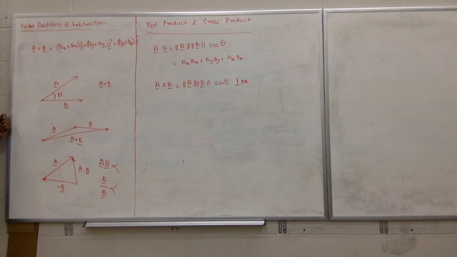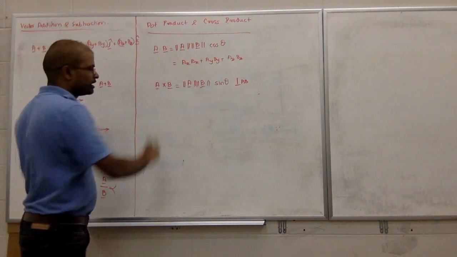Your thumb is the vector. Your A cross B is this way, the vector going inside. If it is B cross A, it is coming outside.